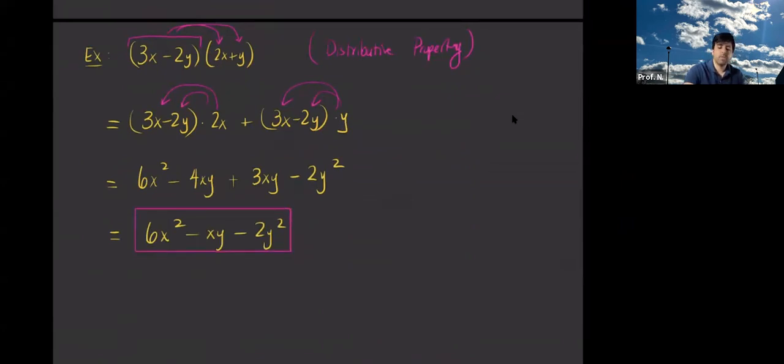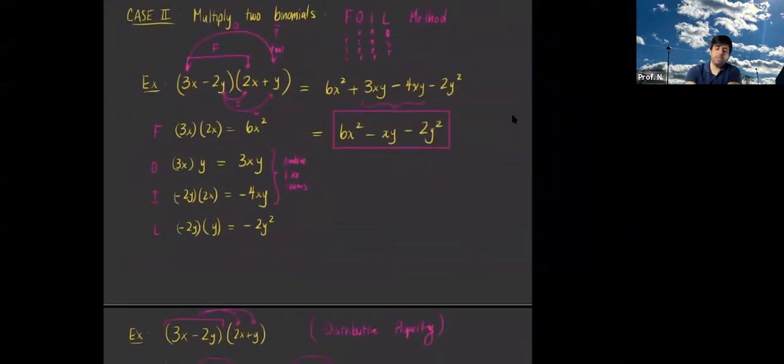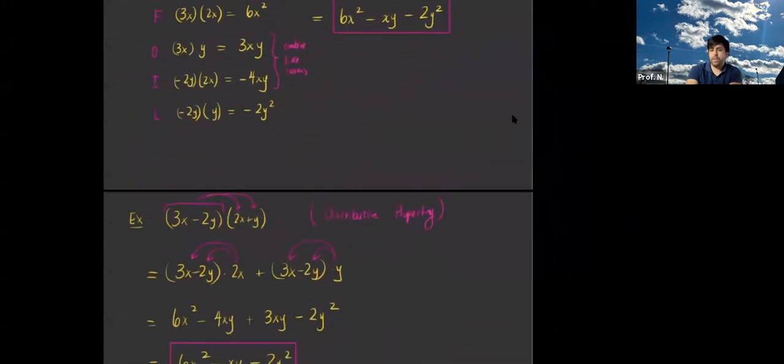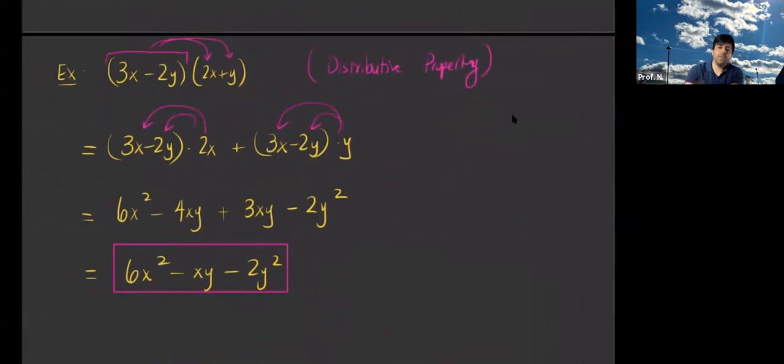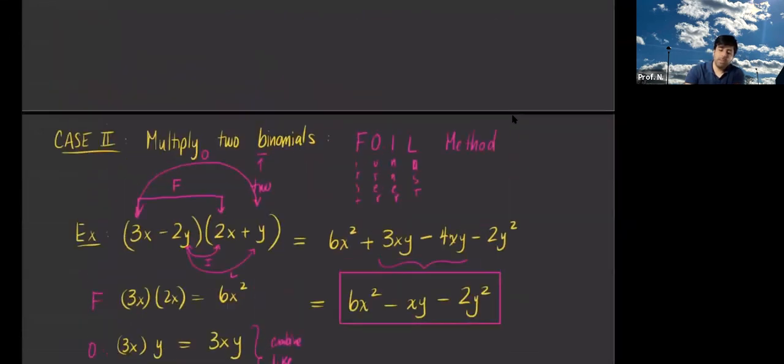The reason it's noteworthy to discuss the distributive property, even though everyone is much more used to the FOIL method, is that the FOIL method only works for two binomials. That's it.